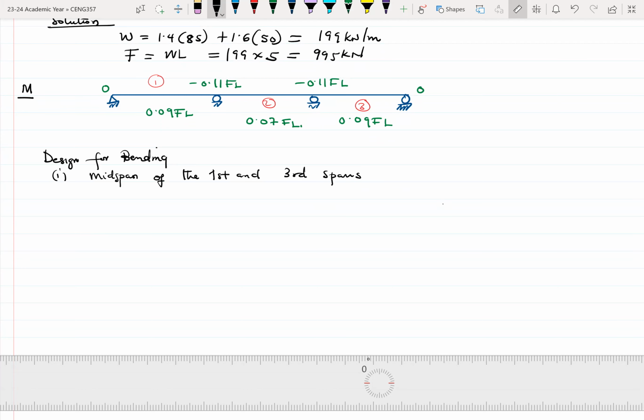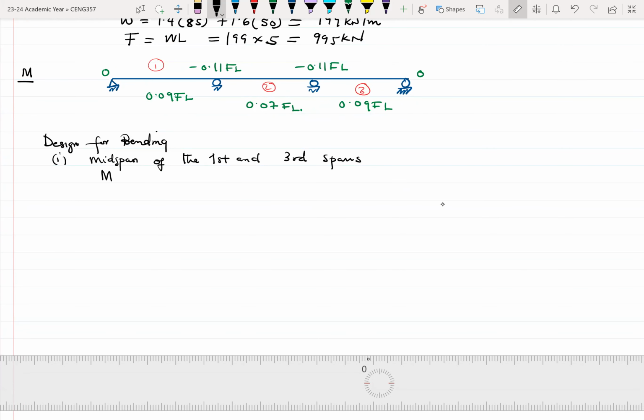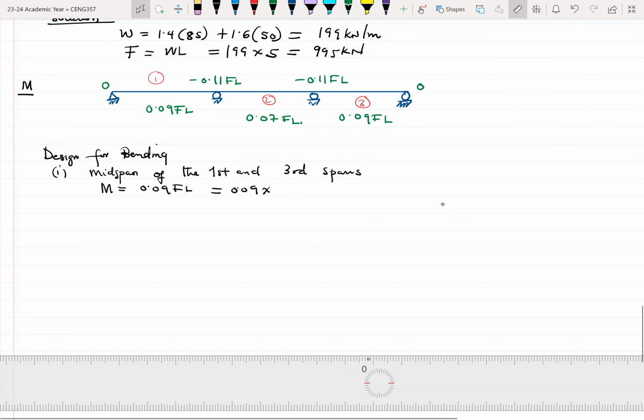Okay. So it means that our moment M will be equal to 0.09 FL. So this will give us 0.09 times an F of 995 times an L of 5 meters. And this will give us a moment of 448 kilonewton meter. Okay.